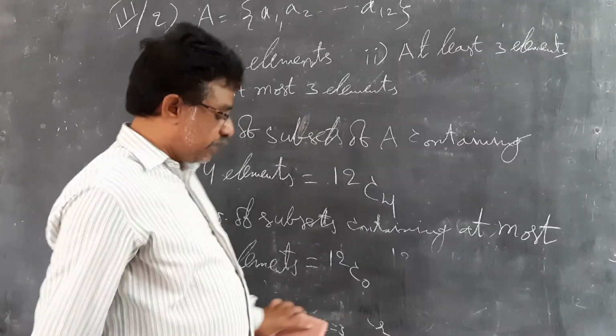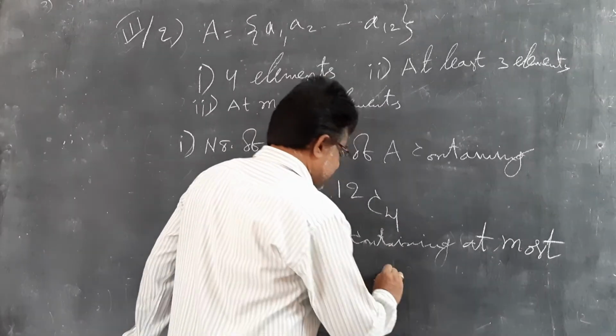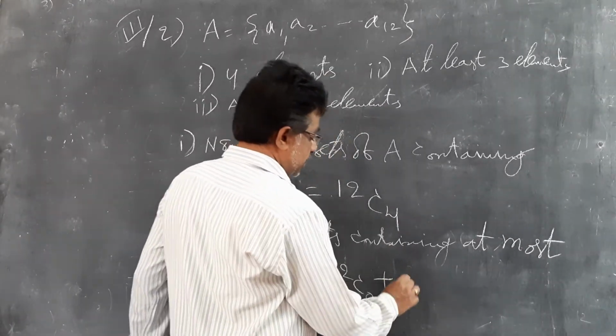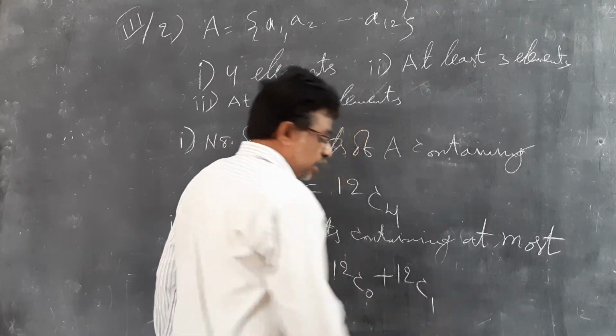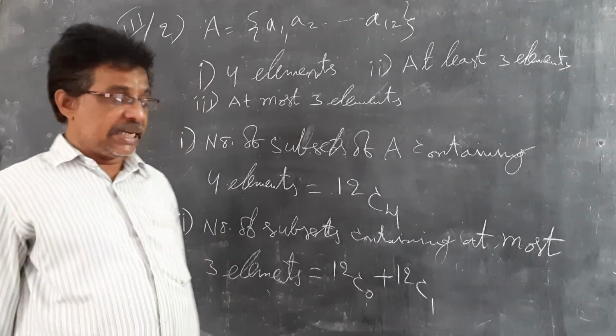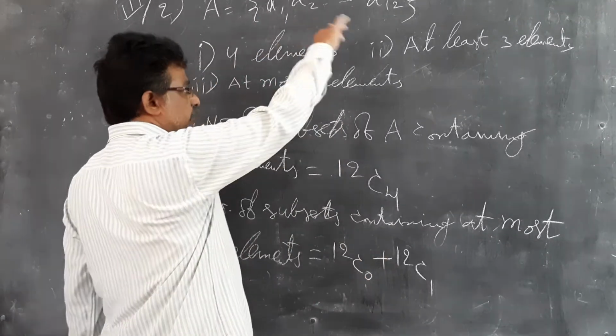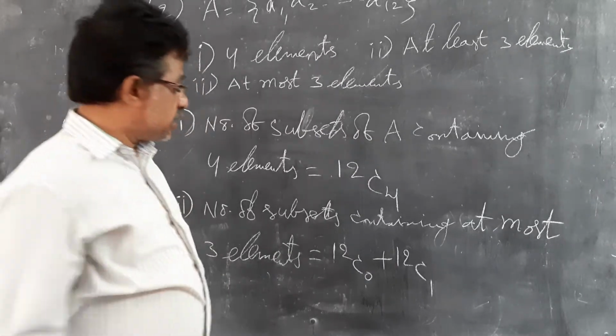Only one empty set will be there, that is 12C0, plus subsets containing one element, 12 subsets we will get, that is 12C1. Selecting one element out of 12 elements is 12C1 ways. A1 is one subset, A2 is one subset containing one element.